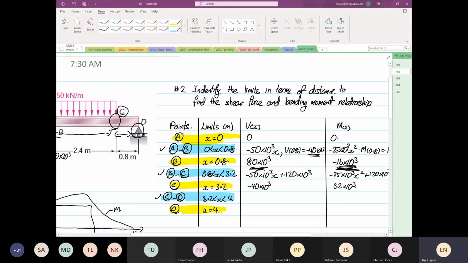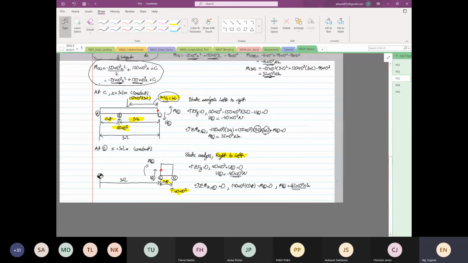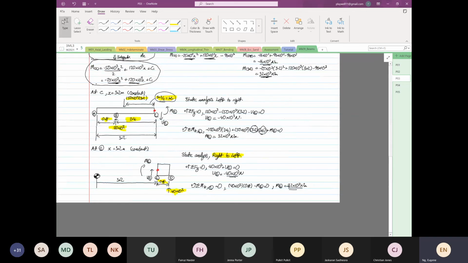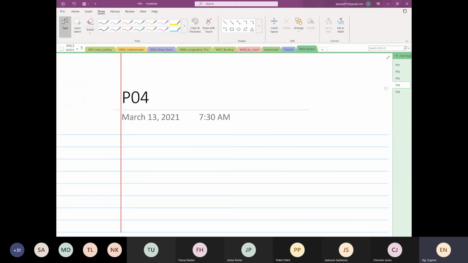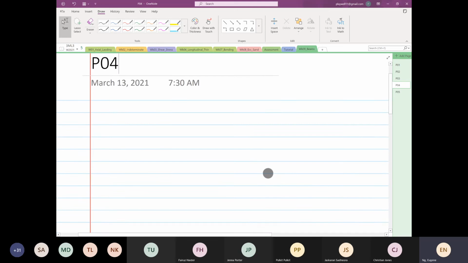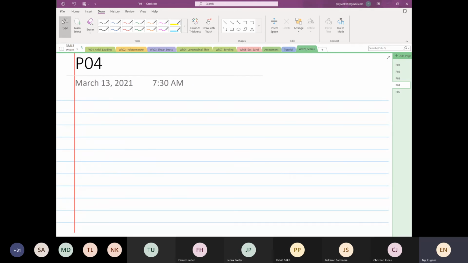Then we form this last equation. The objective is to show you that you can do left to right or right to left, and find which is the more effective way. Both answers have to be the same.